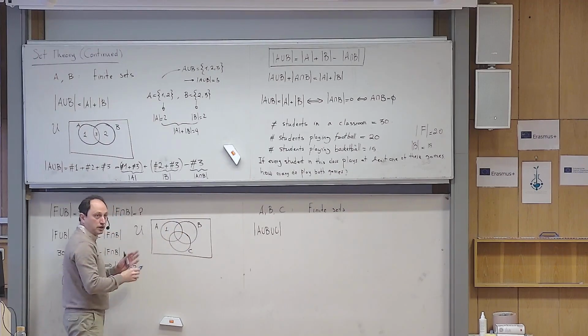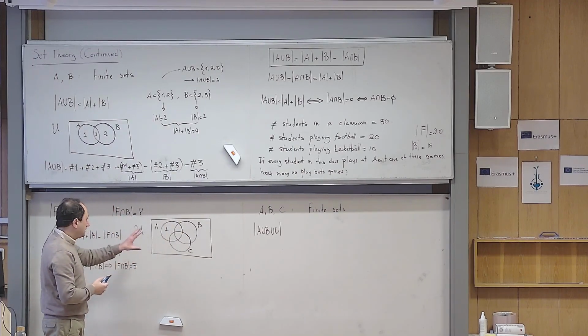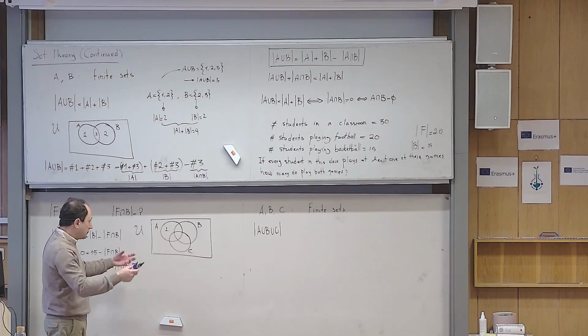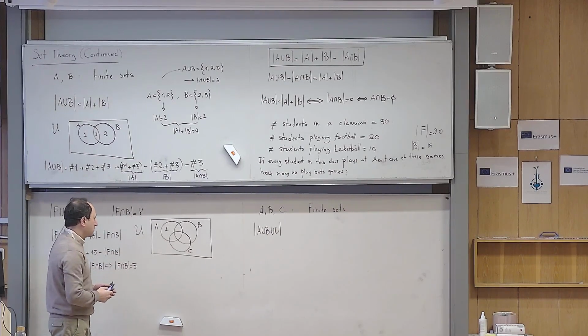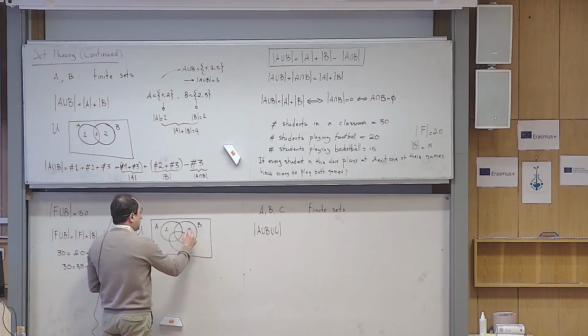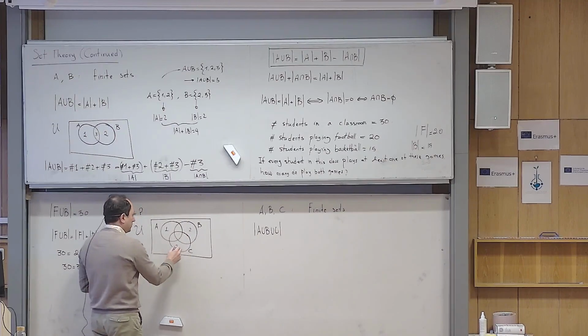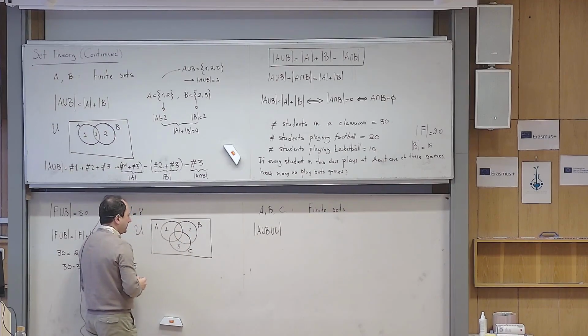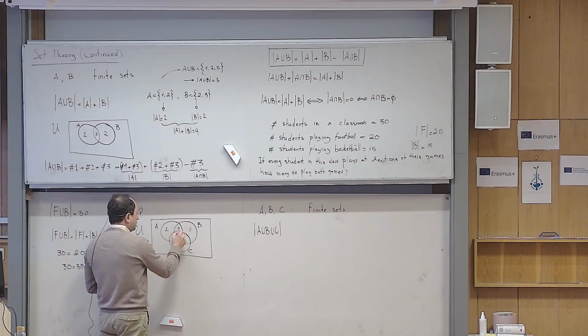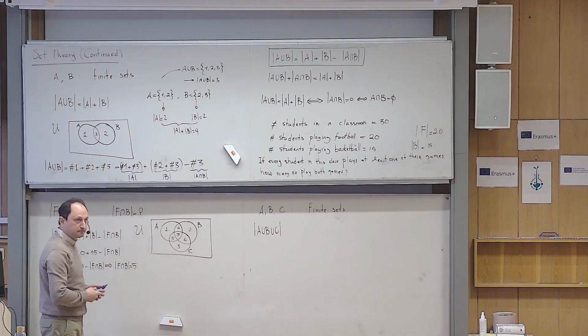Yes? I'm trying to partition these into disjoint partitions. Let me call this region region 2, let me call this region number 3, and then let me write this 4, 5, 6, and 7. Yes, is that understandable?